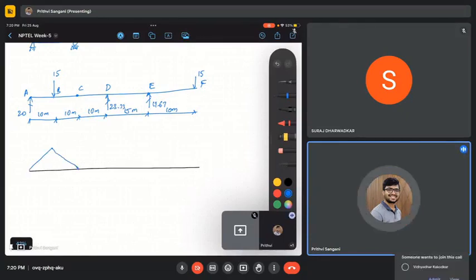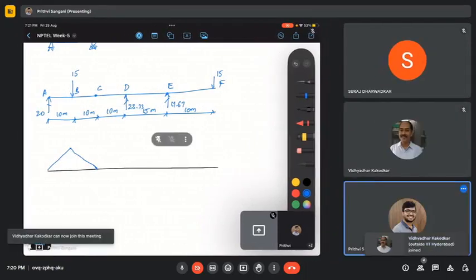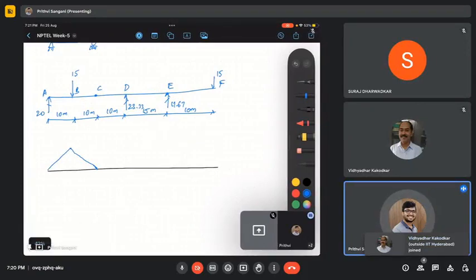Then what happens? Let us go from F towards E, D, and C. At F the bending moment is zero, and at E the bending moment is 15 times 10, that is 150.